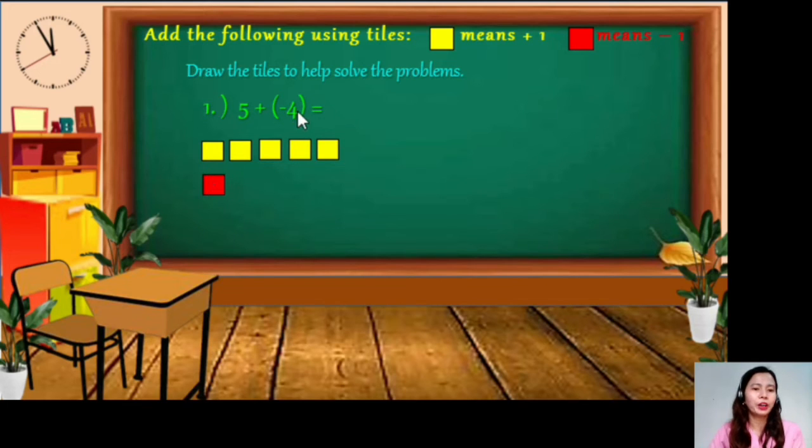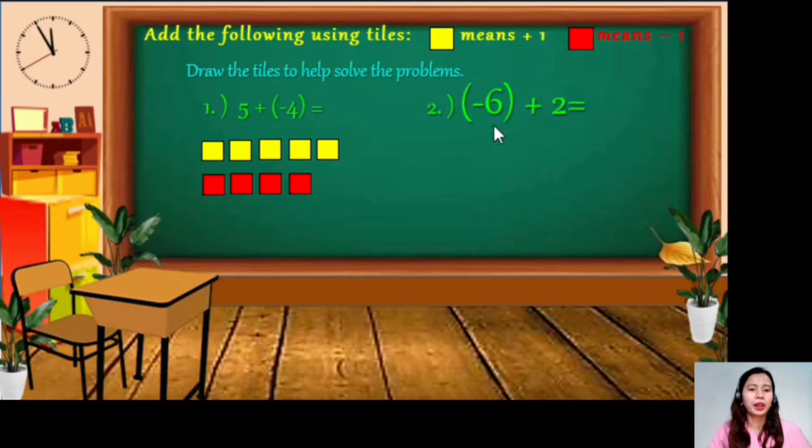Then 4 red tiles. 1, 2, 3, 4. These are the 0 pairs. Anong natira dito? One yellow tile, so our answer is positive 1. 5 plus negative 4 is 1.